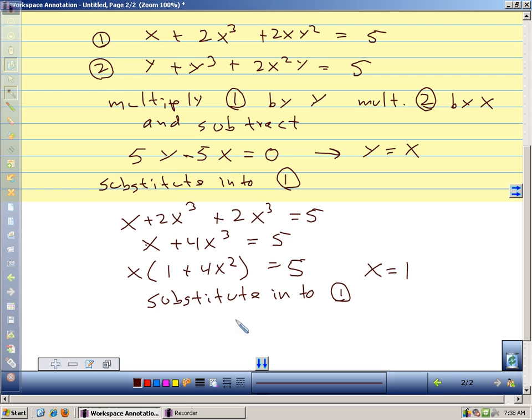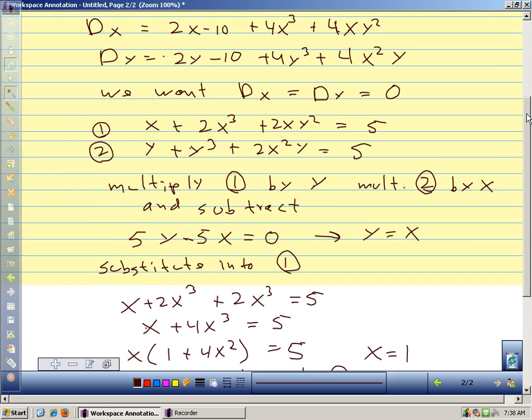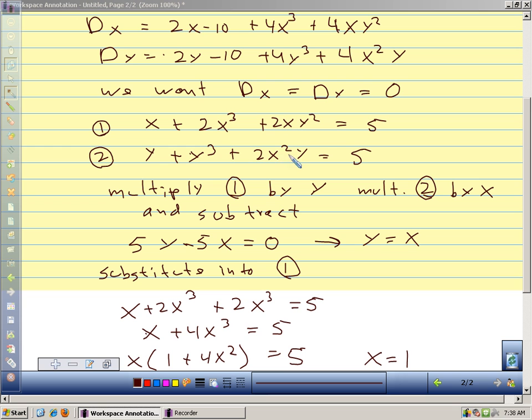That tells me that y equals plus or minus 1 when we substitute in here. And we need to check in equation 2. Check in equation 2 to see that equation 2 is only true when y equals positive 1.